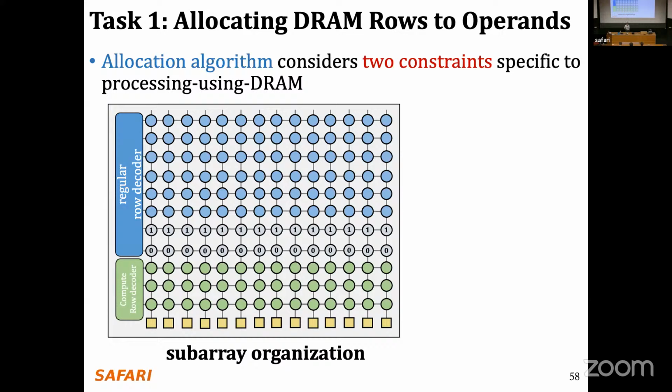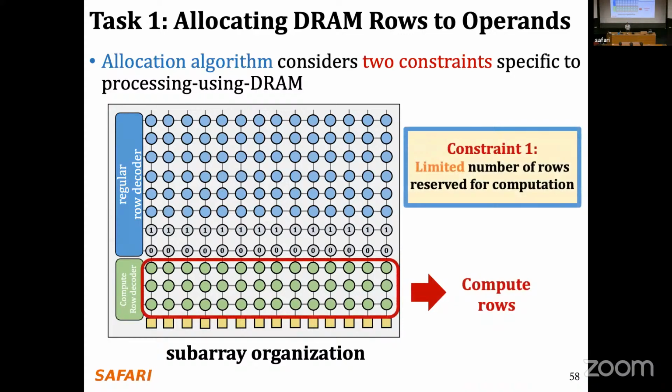So the first step, allocating DRAM row operands, is going to take two constraints specific to processing using DRAM. The first one is that in Ambit, I didn't mention this before, we are going to have a specialized row decoder inside the DRAM subarray itself, which enables us to activate 3 DRAM rows with a single DRAM address.